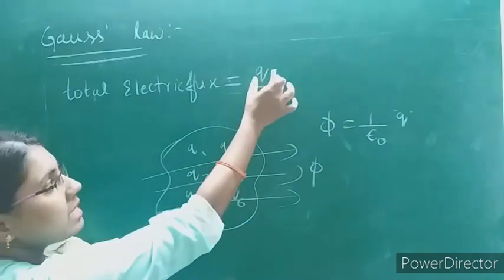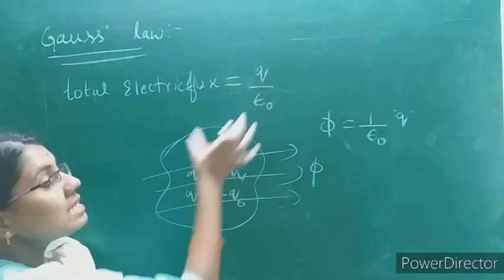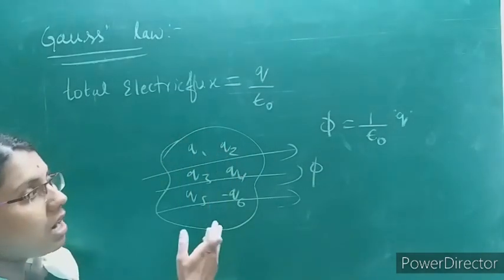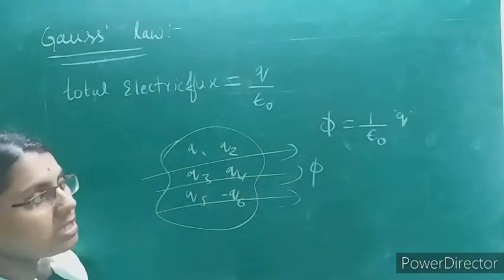Here in Gauss law, Q means the net charge, I mean the total charge enclosed by this closed surface.